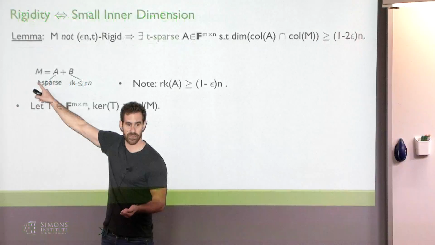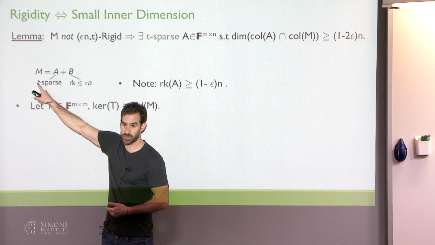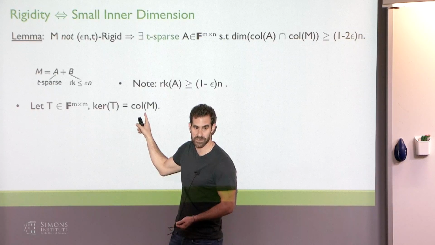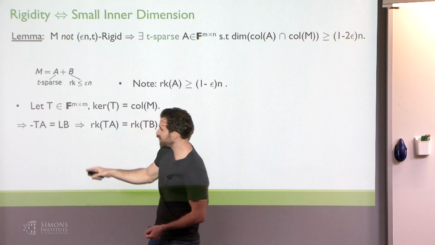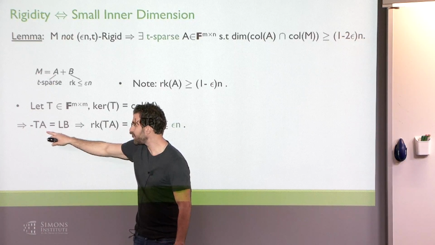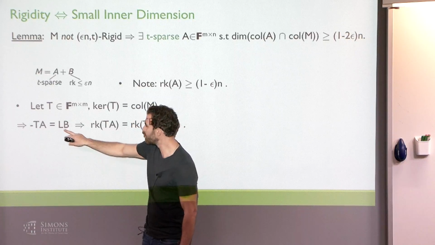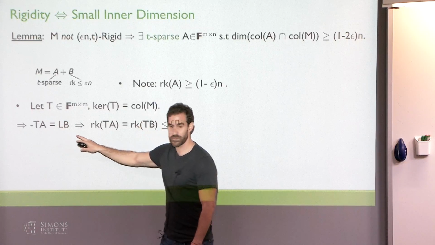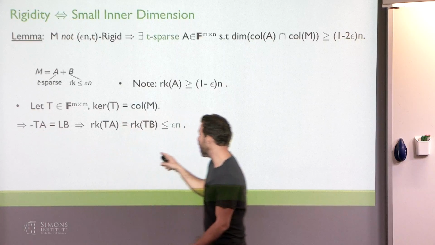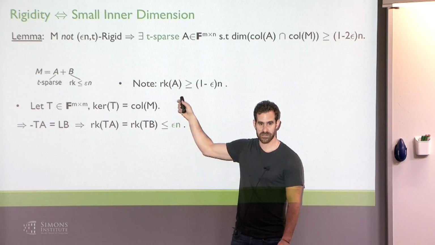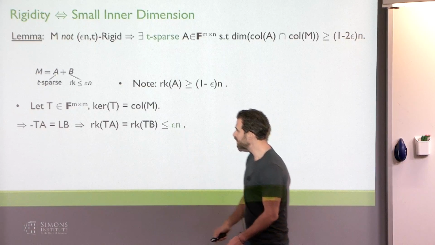What will happen to the left side? It will zero out, because the kernel is precisely the column space of M. So, by switching sides, we get that TA equals TB. So do you agree that the rank of TA is equal to the rank of TB? Questions about this?